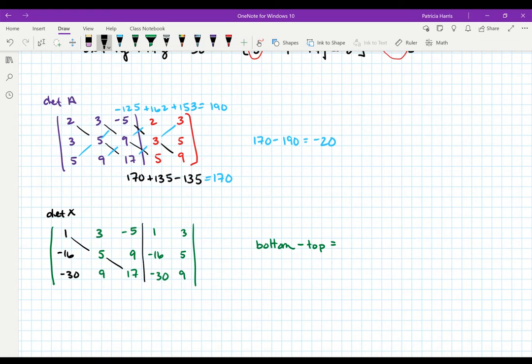1 times 5 times 17, 85. 3 times 9 times a negative 30, negative 810. Negative 5 times negative 16 times 9, 720. Negative 5. Well, the mistake happened somewhere in there.